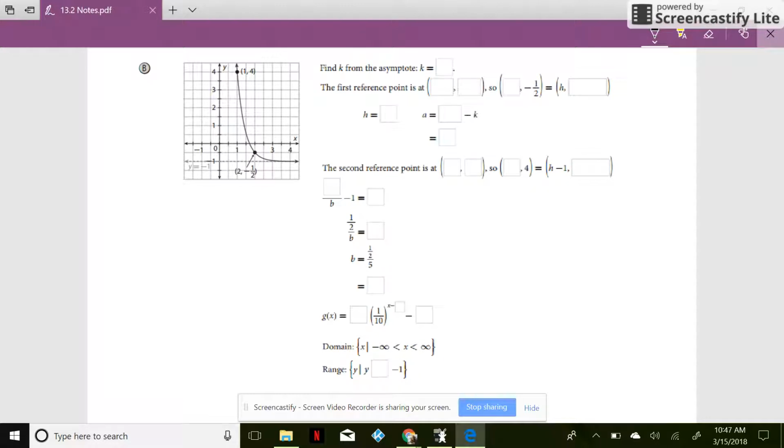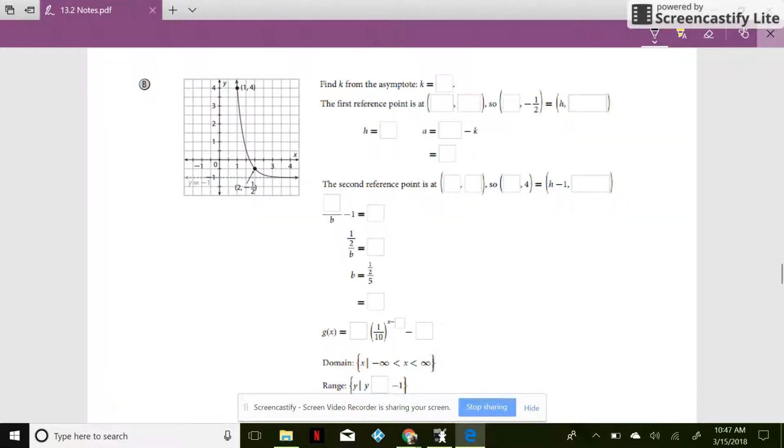So if we see what this looks like, our asymptote is at -1, so our k value is -1. So the first reference point, the one closest to the asymptote, is at 2, -1/2. So that's telling us that our h value is 2.